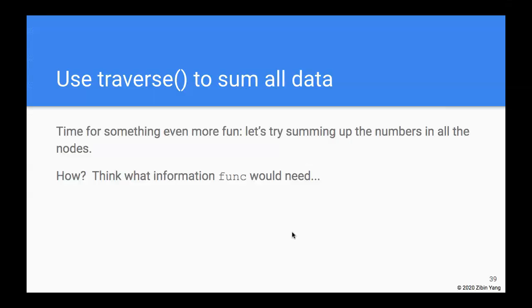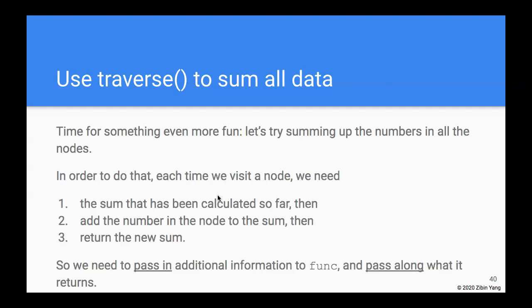Hopefully that was fun, but we don't have to stop there. We can do something even more intricate, such as adding up all the numbers in the whole tree. So how can we do that? Let's think about what kind of information the user supply function would need in order to sum up everything. Well, first of all, it needs the sum that has been calculated so far, right?